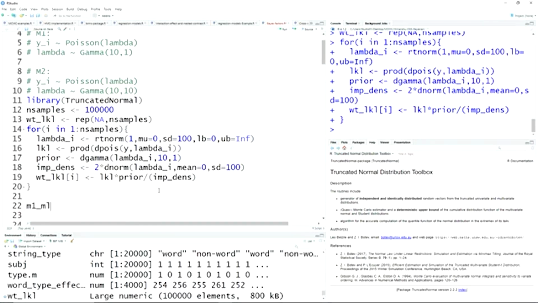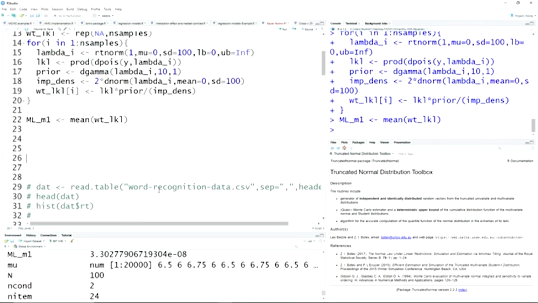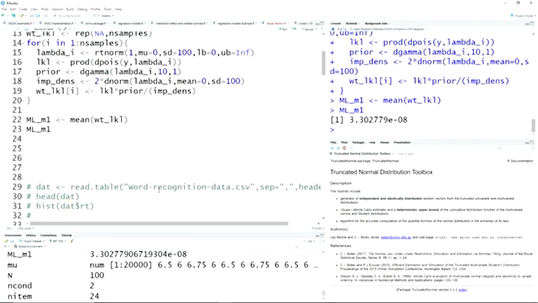So marginal likelihood of model 1 is given by mean of these weighted likelihood values. Three into e to the power minus 8. Okay, it's a low value.